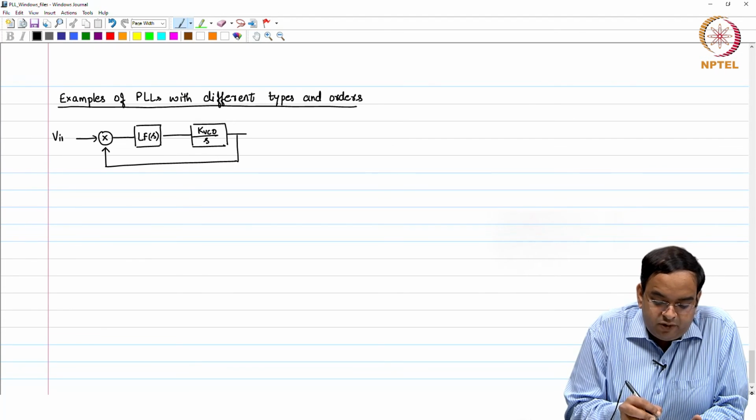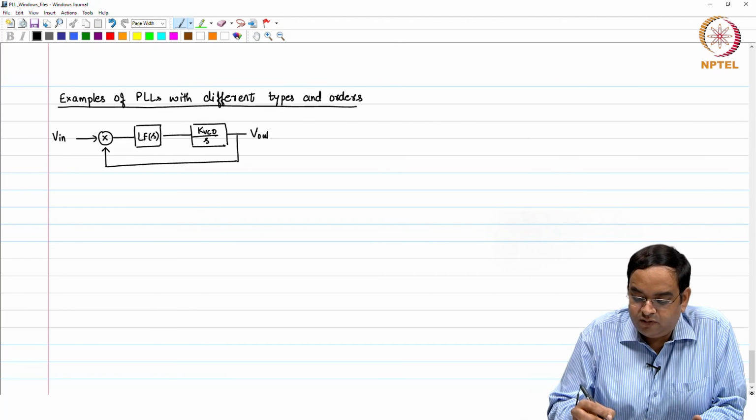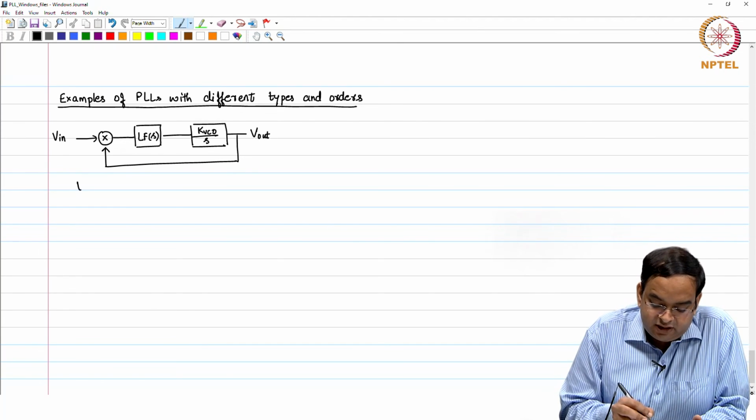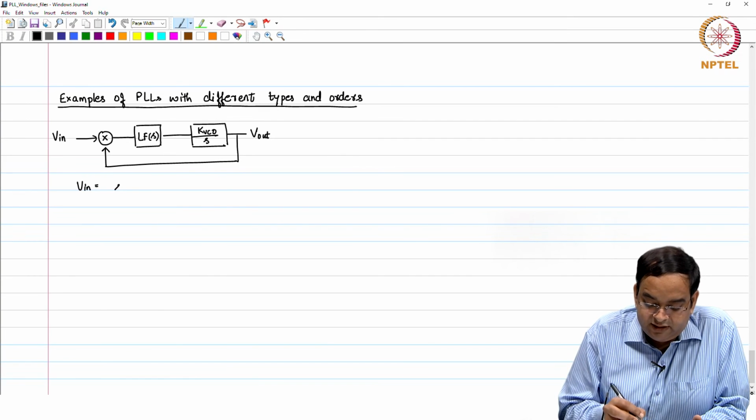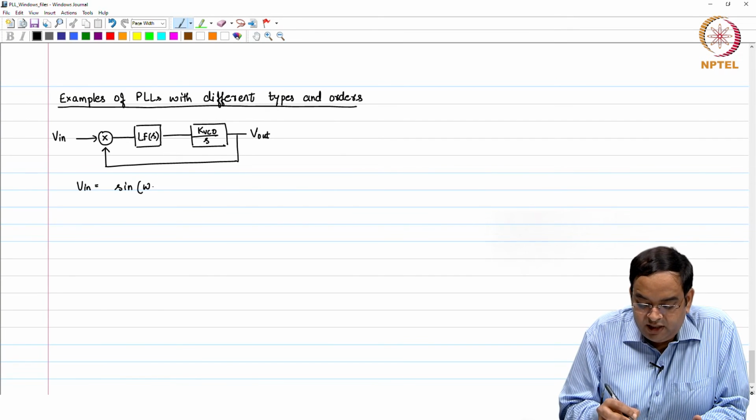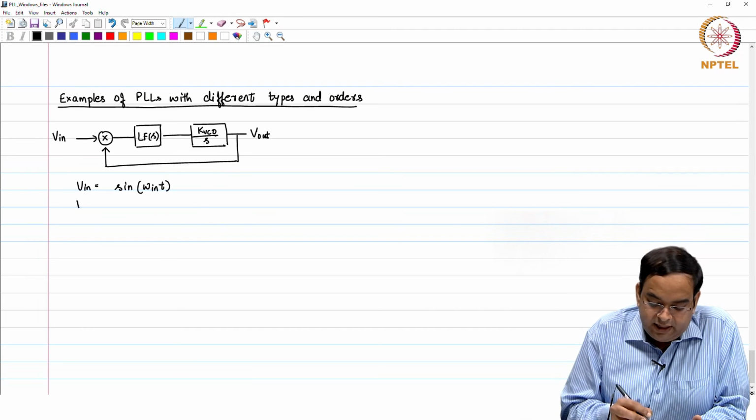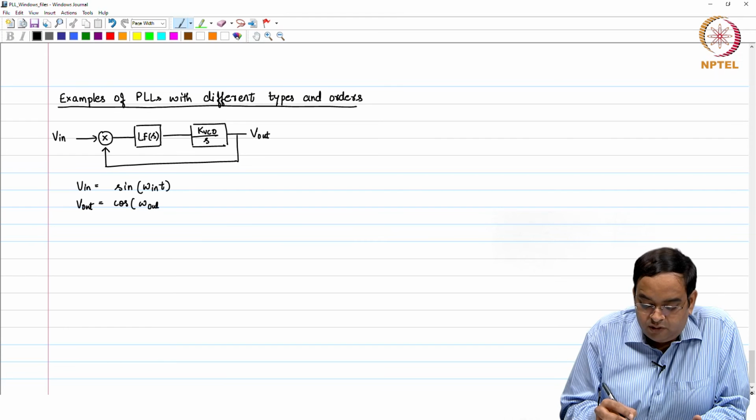The input and output are voltages, sinusoidal voltages. In our case, we will treat right now V in as sine of omega in t and V out as cosine of omega out t.